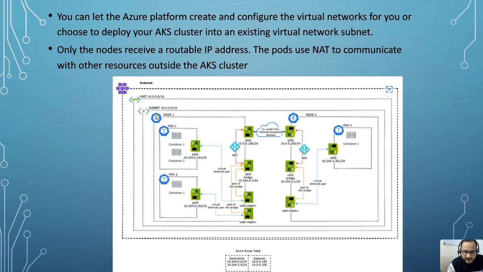If you see the node, this node is getting the IP address from the subnet, but the pod IP address, if you see 10.244.0.101, is a different IP address range for pod 1, pod 2. And if you see another node, here we have a different series, 2.201. So the pod will receive a logically different IP address in the case of the Kubenet networking model.